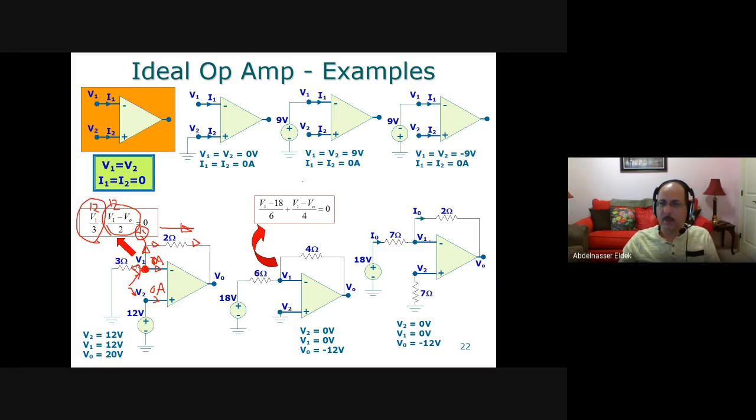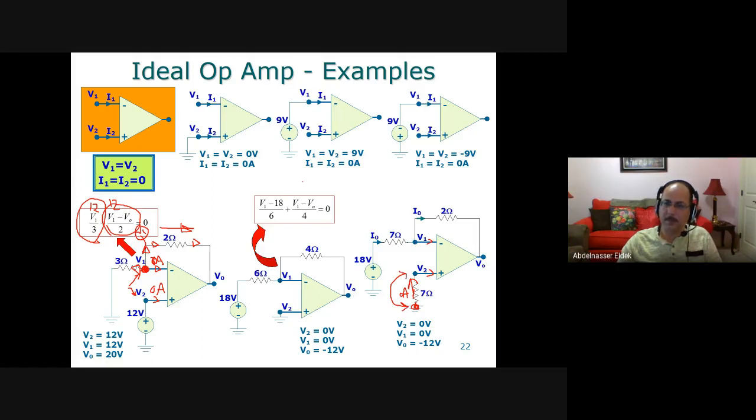But this 7 ohm will not have any effect. Why? Because this current equals 0, so the current in this resistor here also equals 0. If the current is 0, there's no voltage across the 7 ohm. So if there's no voltage, this voltage and this one are the same.